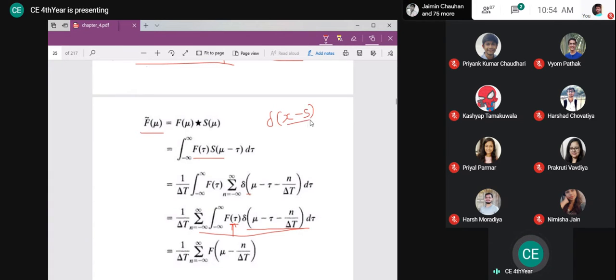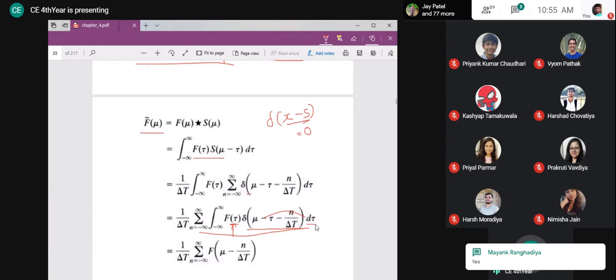If I equate this with 0, whatever value of my variable x I obtain, at that location it exists. Here also, if I equate this with 0, whatever value of the variable I get, at that location it will exist. The variable is tau because I am integrating with respect to tau, so it will exist at tau equal to mu minus n by delta t.